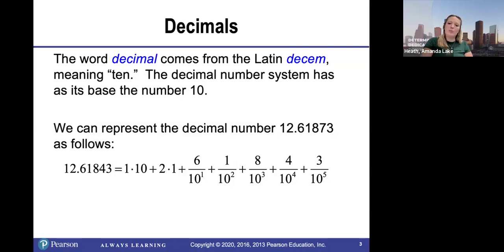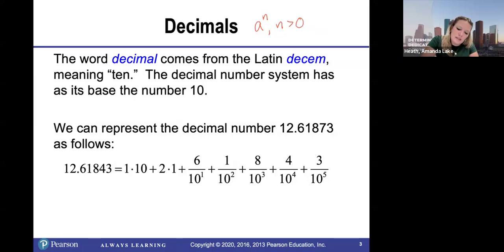Just to remind you, when we have a power, we can write a to the n power, where n is greater than 0.